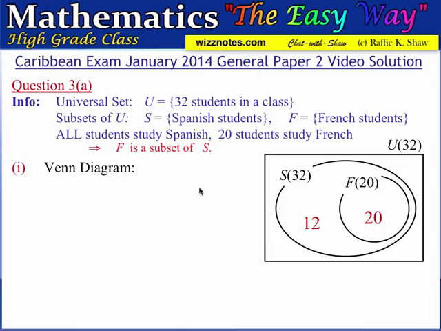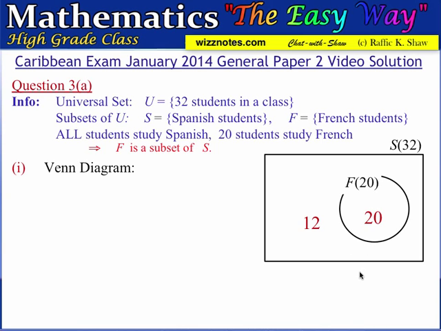In that case, our Venn diagram would appear like this. Our Spanish set will be used as our universal set, and then our set of French students will be placed inside this circle. The remainder of the 32 students, which is 12 students, will be placed outside here. And that's another way we could represent this Venn diagram.